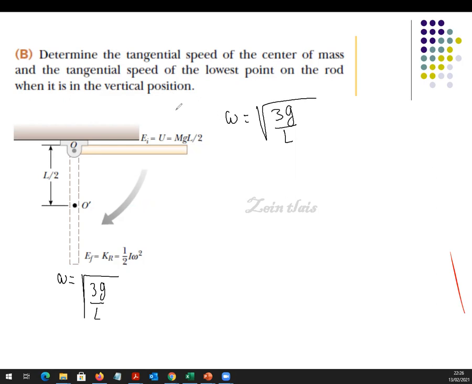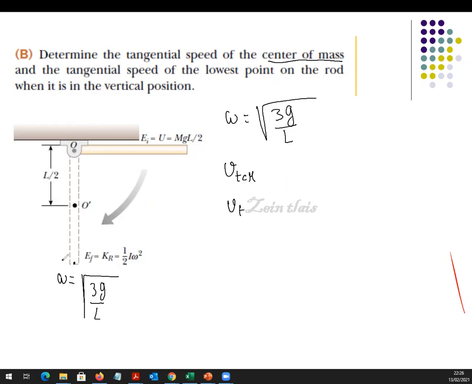So I want to calculate V tangential, of the center of mass and of the lowest point on the rod.